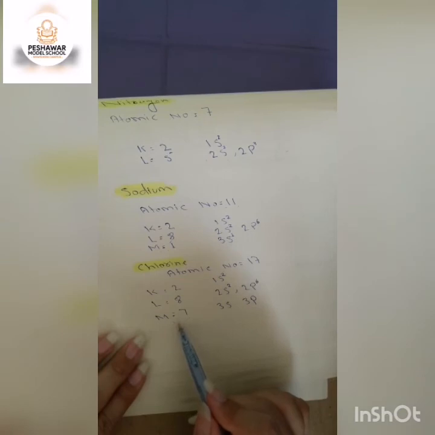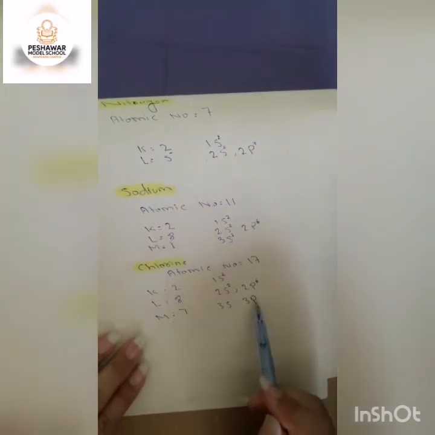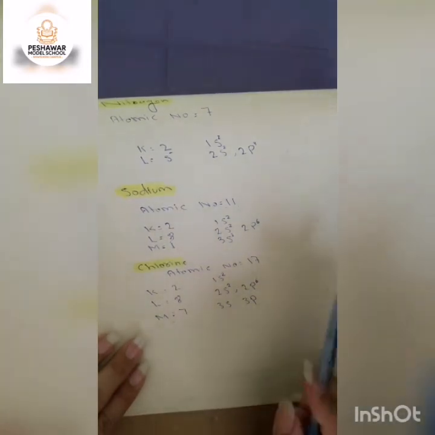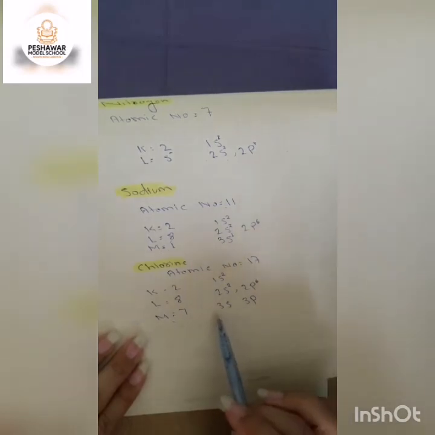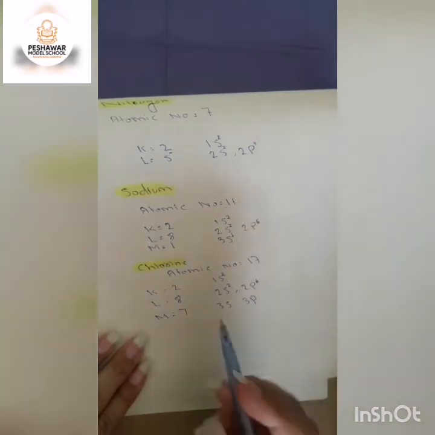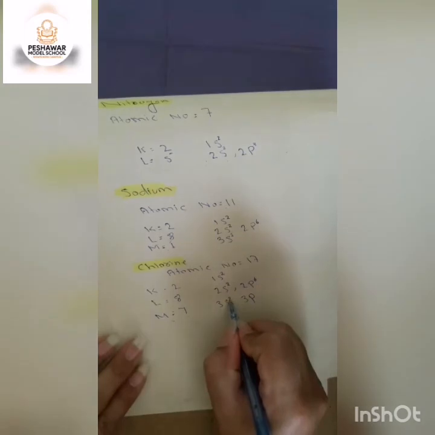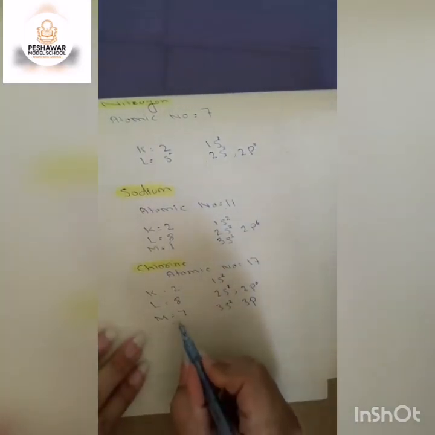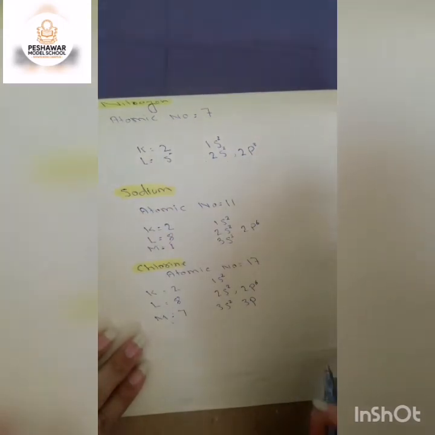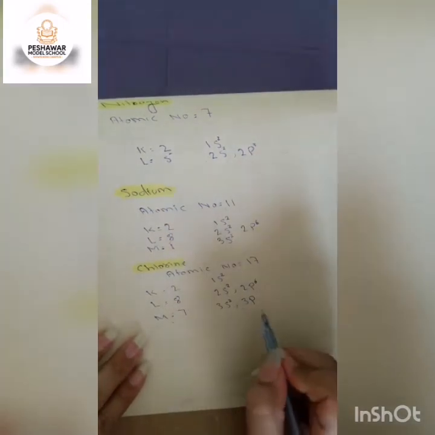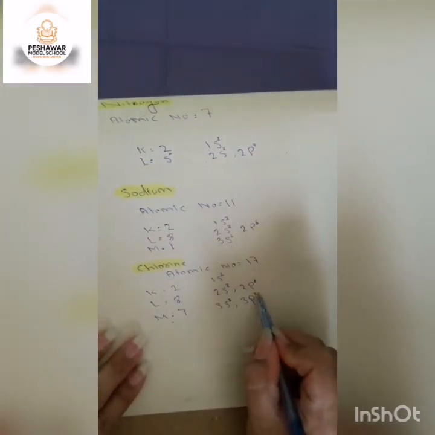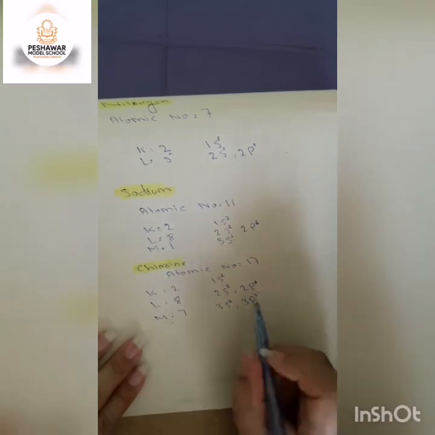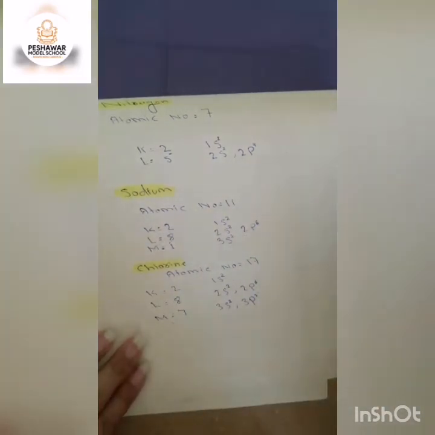The third shell has 3 subshells, 3s, 3p and 3d. There is no need of 3d, that's why we write only 3s and 3p. Now s will occupy a maximum of 2 electrons. How many electrons are left in the third shell? 5 electrons are left in the third shell, and these 5 electrons will move toward the 3p. Okay, 3p5. This is the electronic configuration of chlorine.